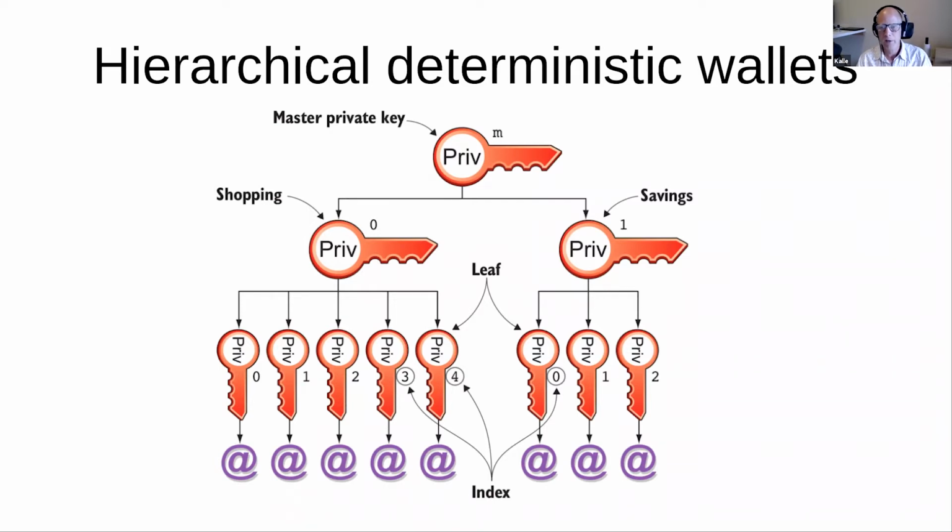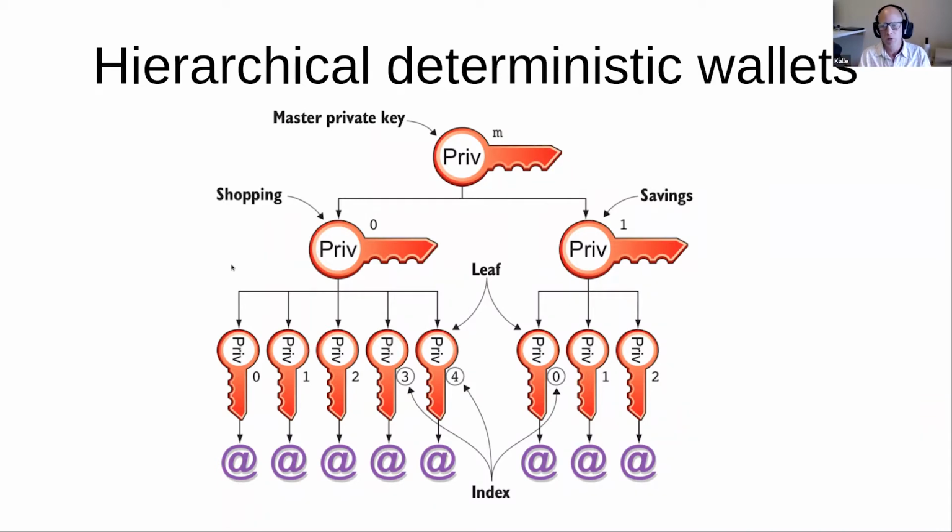And the idea here is that instead of just a bag of independent keys, you have a tree of keys that can be deterministically derived from a master key. So you have a master key and you can derive any number of children to this master key. And each time you derive the children, you will get the same set of children.